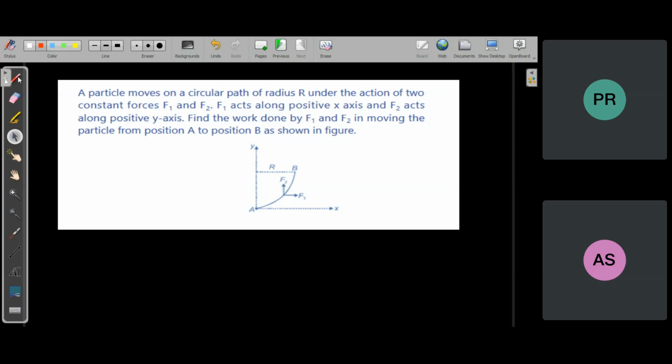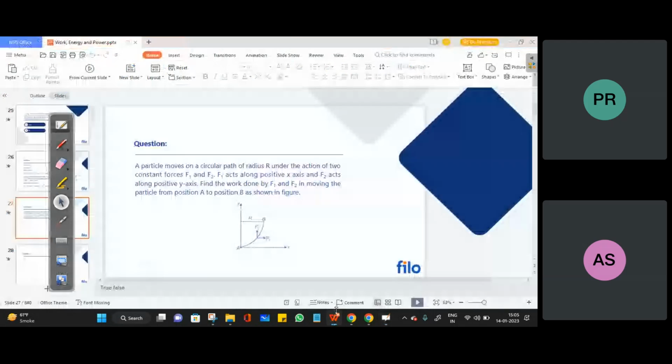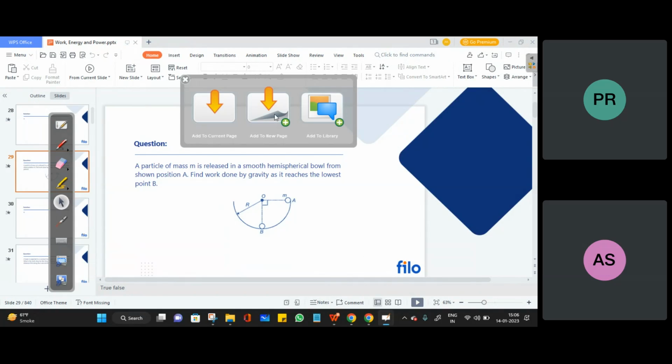And the work done by F2 will be F2 into R jobs. Yeah, correct. That's it. F1 into R, F2 into R. Yes. Try this.